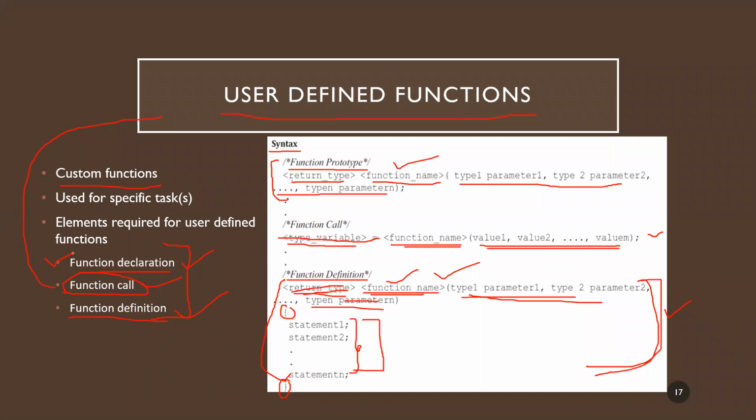It should be declared, because C programming is structural in nature. Statement 1 is executed, then only statement 2 is executed. Statement n is not executed prior to the execution of the previous statements; it is executed only when statement n minus 1 has been executed. This is what structural implies: one after the other, the next statement is not executed unless the previous statement has been executed.